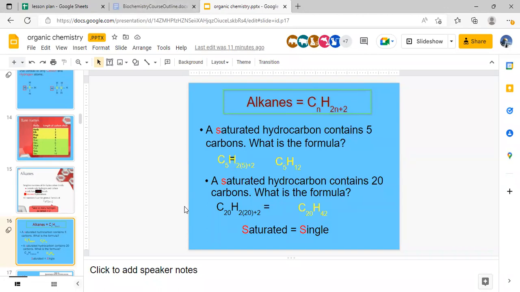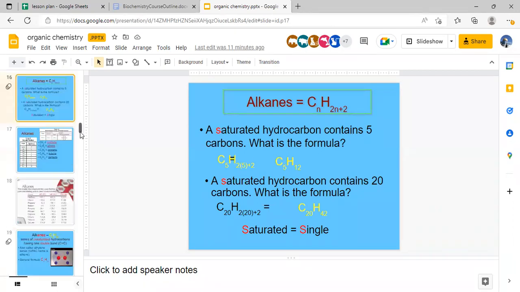Okay, so C8H18. How about for an alkane that has 4 carbons? C4H10 po. Okay, so very easy, di ba? So just twice the number of hydrogens plus 2. Okay, did everyone get that?